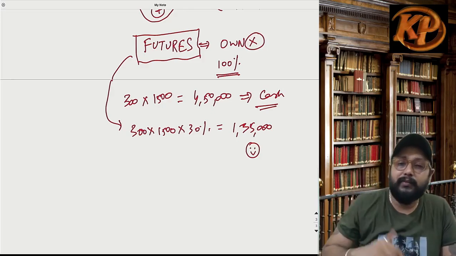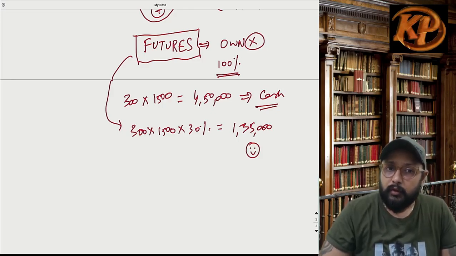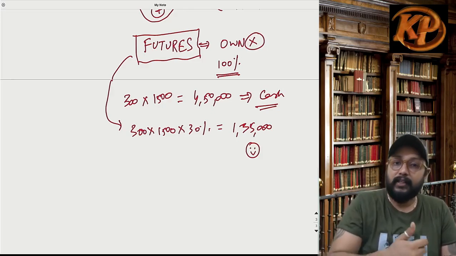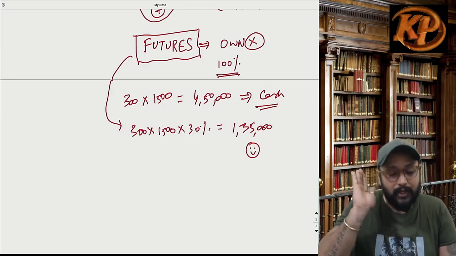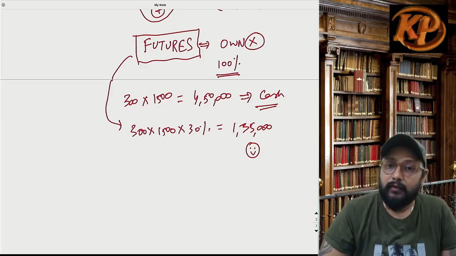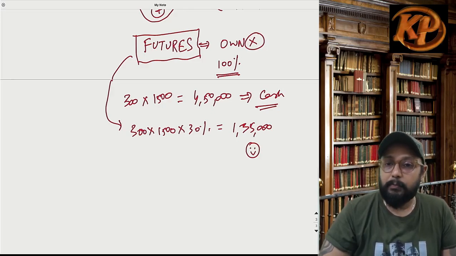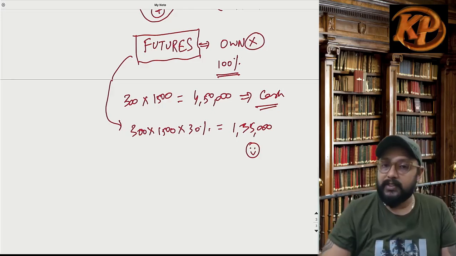So you will say, I am not even interested in taking ownership, sir. I'll just pay 30% and take a position. Because if the share goes up here also, the profit will be here also, correct. You will get benefited. That is, honestly speaking, yes, an advantage of futures. Just by paying 30%, 40%, you are getting the same exposure as somebody paying 100% in the cash market.